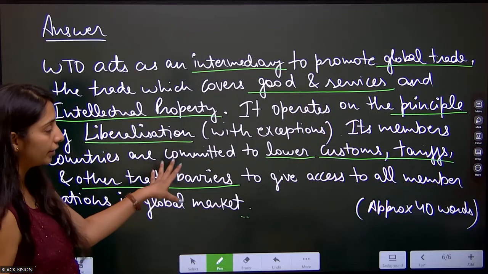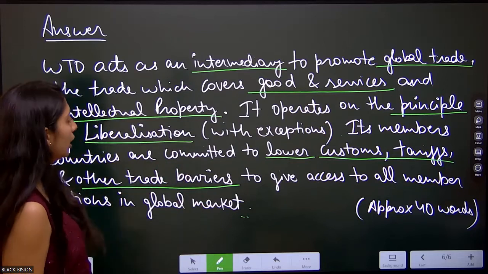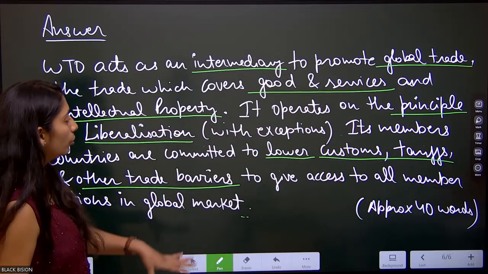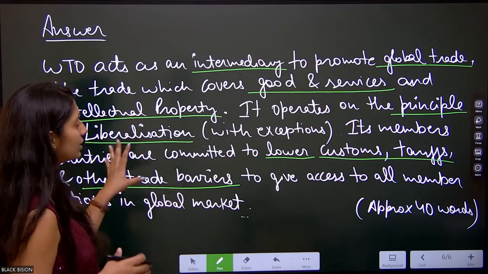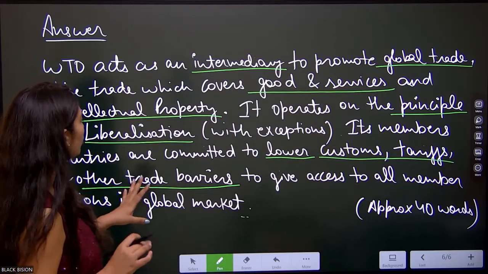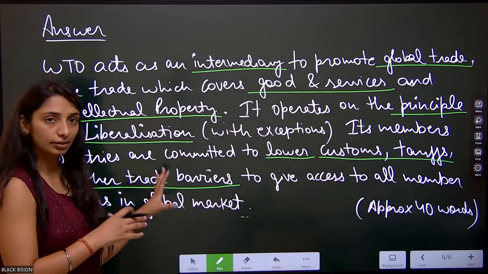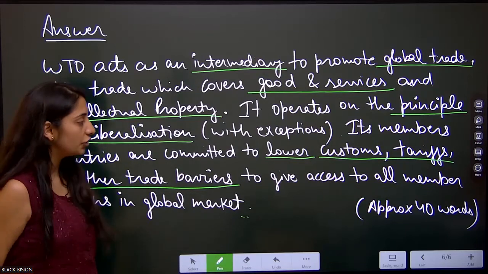I have highlighted the keywords in the answer, and you don't have to research anything else. This is the precise one, and you can write it as it is in your answer sheet.